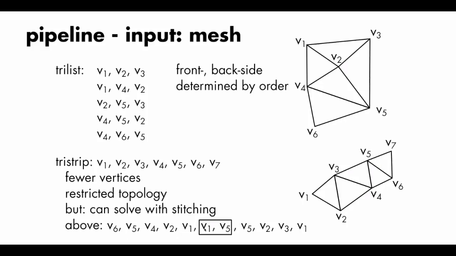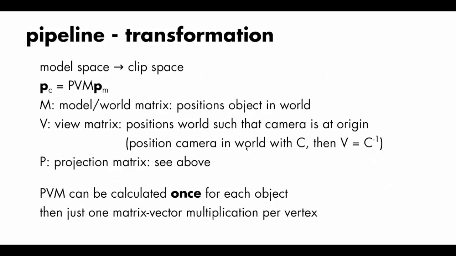You repeat the last vertex of the previous strip and the first vertex of the next strip, and that way you get so-called degenerate triangles, and you can stitch together these strips. But you can find that stuff everywhere. I'm not going to talk too much about it.